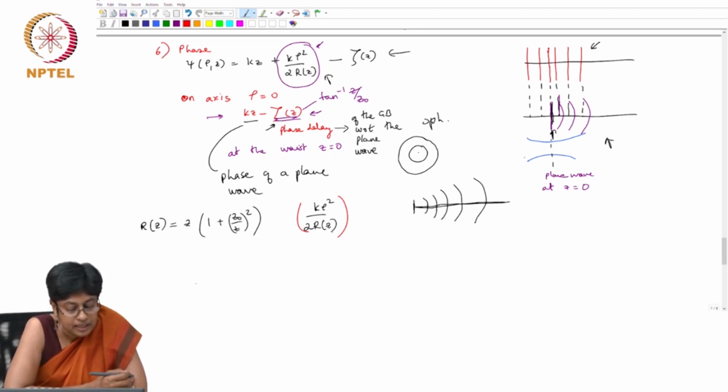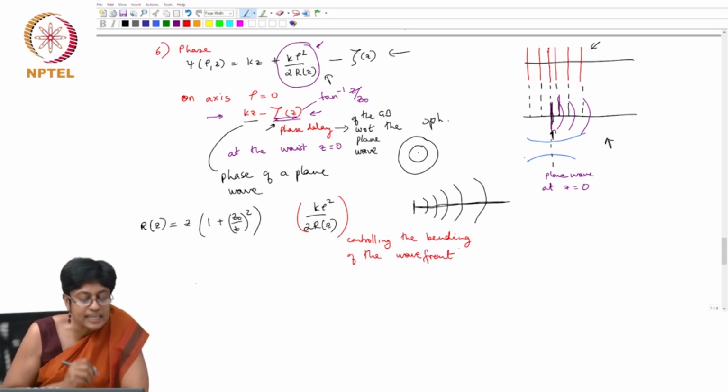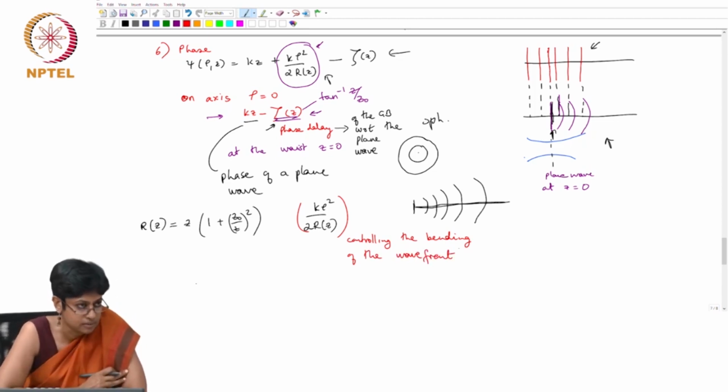This term is what is controlling the bending of the wavefront. So if I had only kz minus zeta of z, if this term didn't exist, the only difference between the Gaussian beam and the plane wave would be that the Gaussian beam had a phase delay compared to the plane wave.